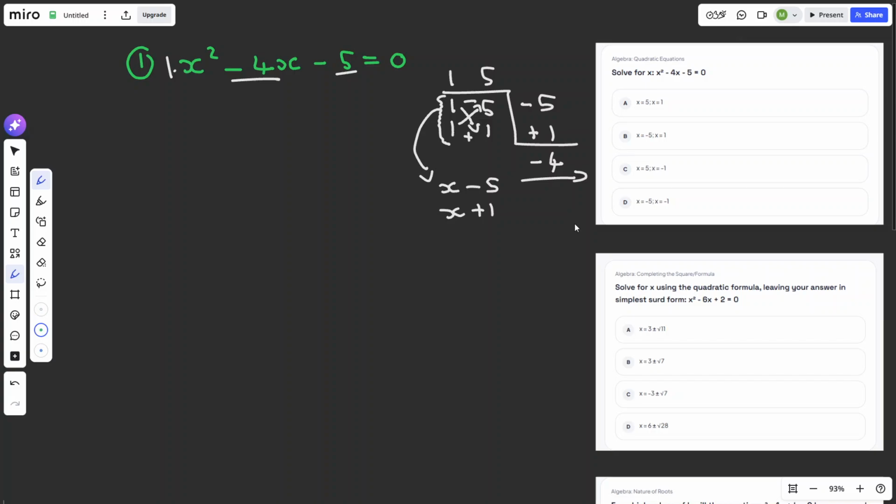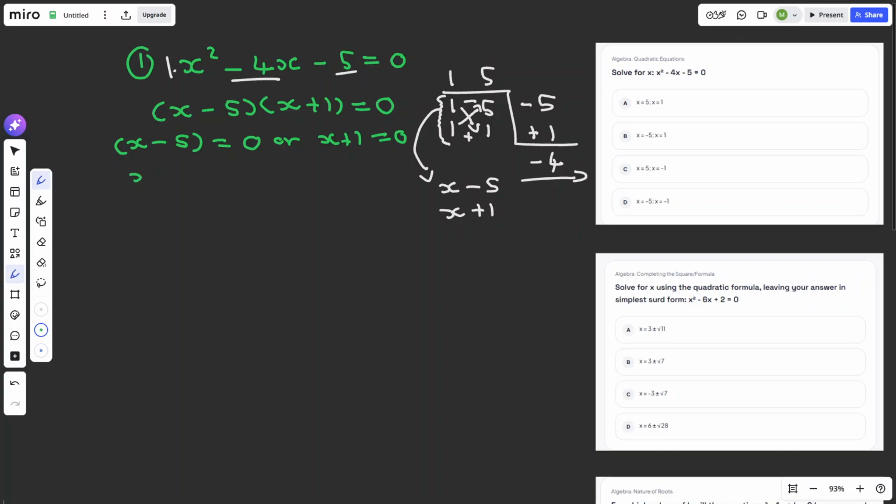So I just wanted to point that out so that you're aware. So now we can proceed here. I can just simplify this now. Okay, we've got our factors. So x minus 5 and x plus 1. And we equate that to 0. So now we have x minus 5 equals 0, or x plus 1 equals 0.